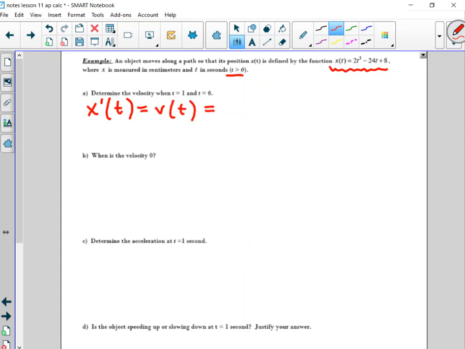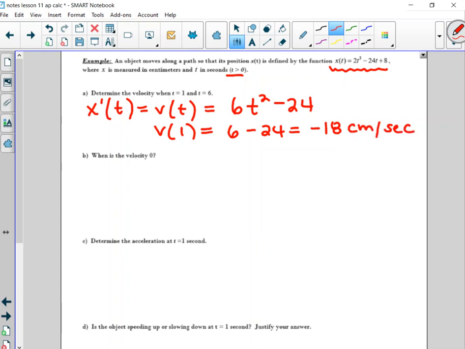And so that's going to be 6t squared minus 24. Okay. So at time 1, that's going to be 6 minus 24, or negative 18, and that's centimeters per second.